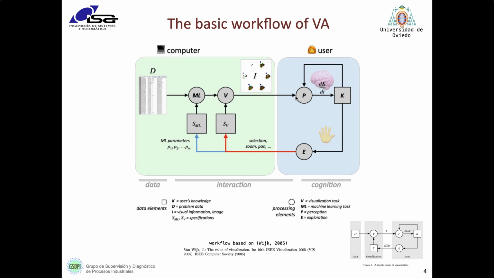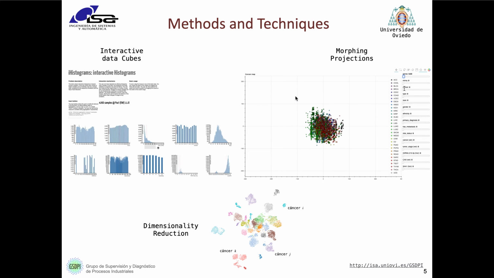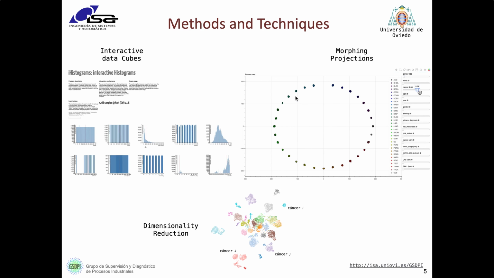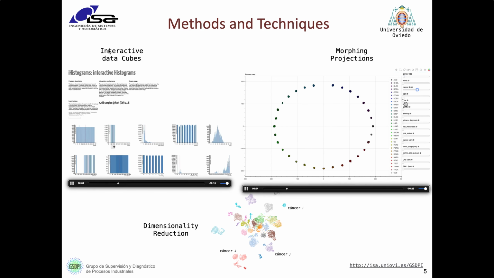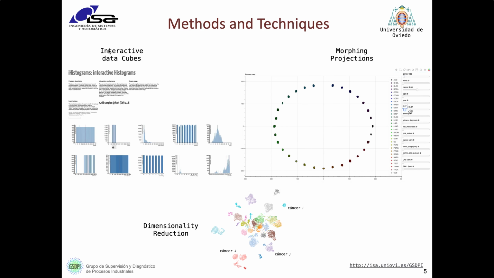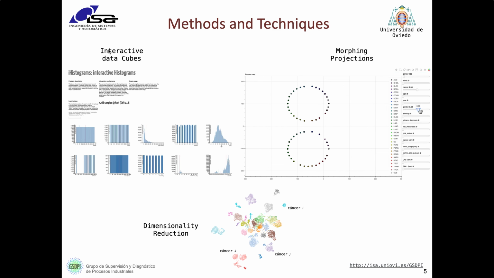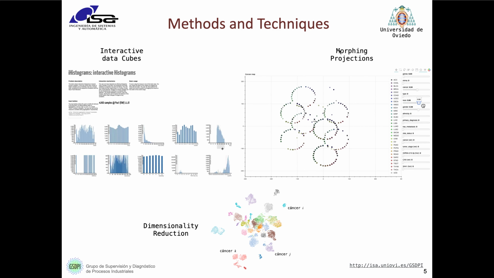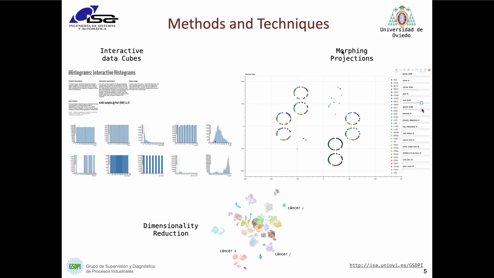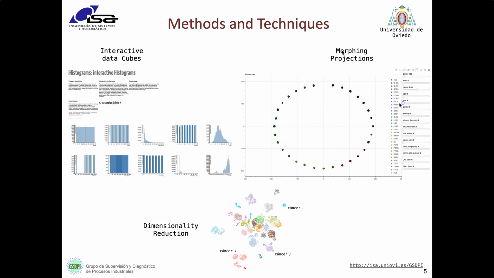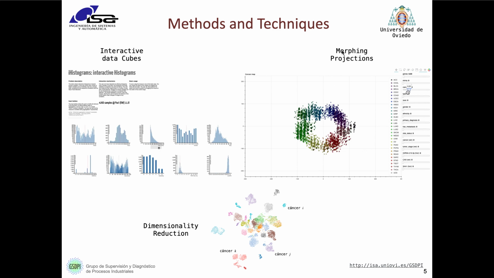We considered some components to build solutions according to the previous scheme: interactive data cubes that allow to filter and aggregate information by groups like weekday, day-hour, bins of a variable. Morphing projections, a technique developed by our group that allows to smoothly transition among different views, allowing to provide insight and connection between different domains.